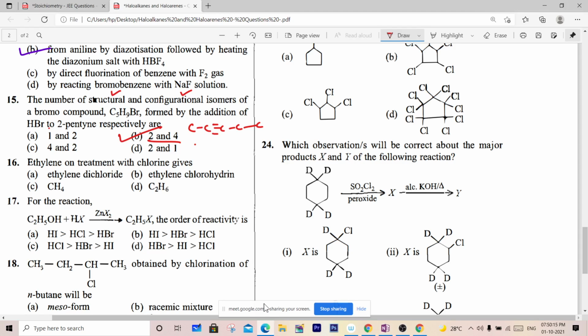Now come to the 16th question. Ethylene. Ethylene means CH2 double bond CH2. Ethylene is a common name of ethene.